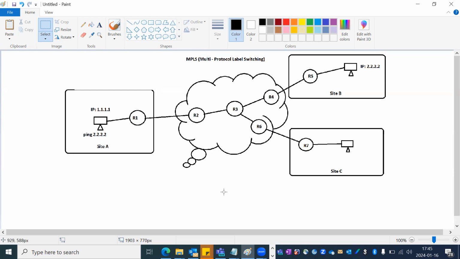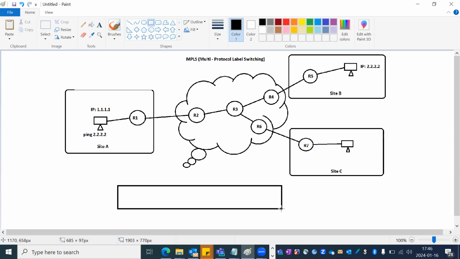So at first we will discuss how the MPLS label works when R1 wants to communicate with R5. To understand this, we need to go deeper on the MPLS header.